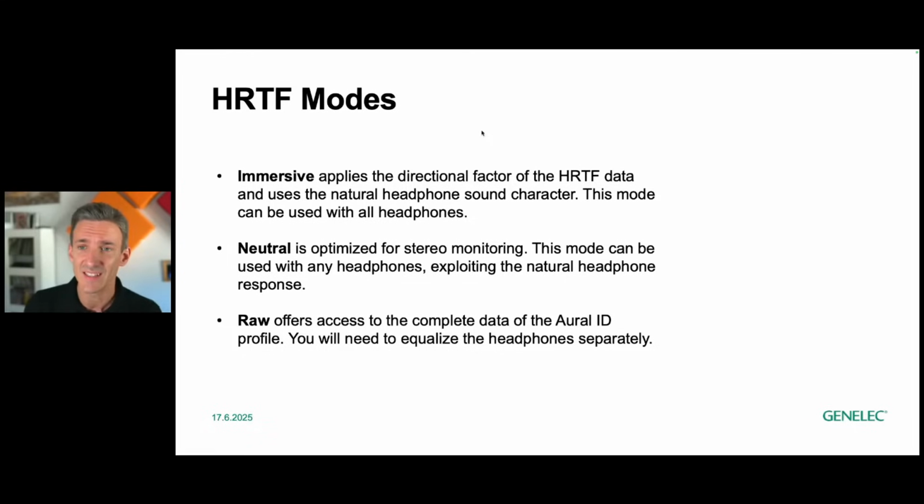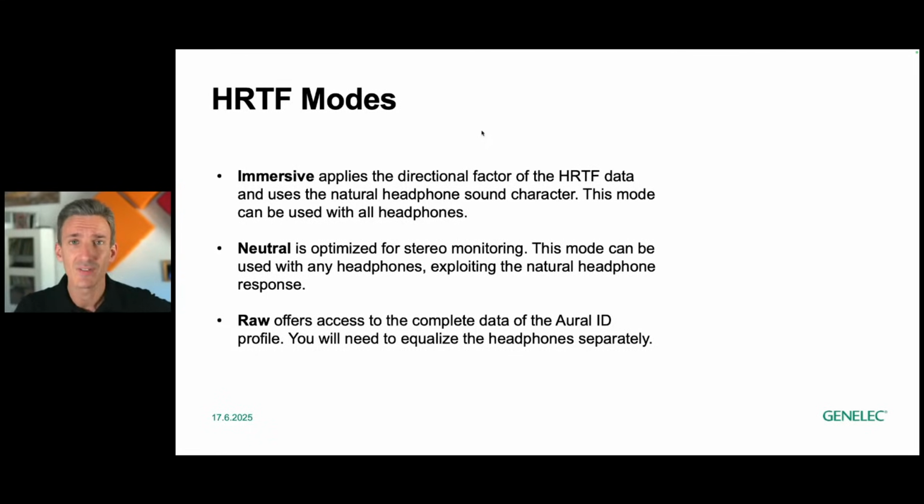Neutral is more optimized for stereo monitoring, simulating a stereo setup that is no longer here, but in front of you. It also keeps the character of the headphones, which I think is even more important because with stereo we are very used to the regular character of our headphones.